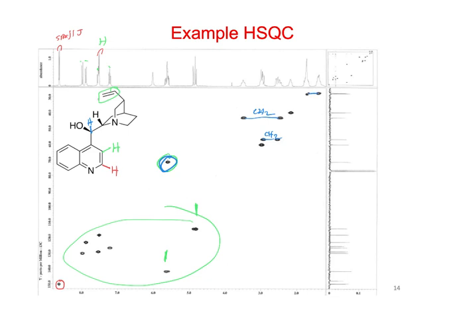Okay, so let's see if that makes sense. This is a multiplicity edited one. Look at this one. So here goes to this taller peak here. That's the CH that's next to the oxygen. But also this one, notice this peak is a little bit wider.